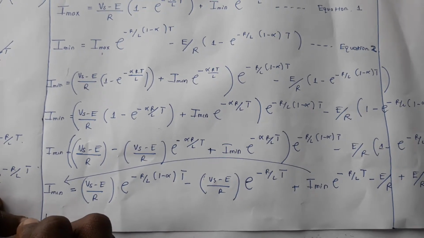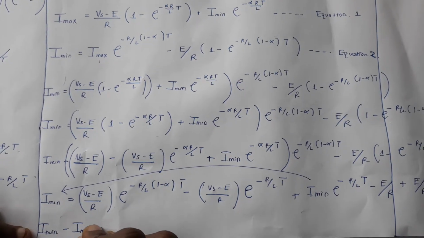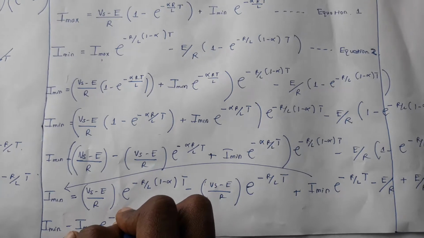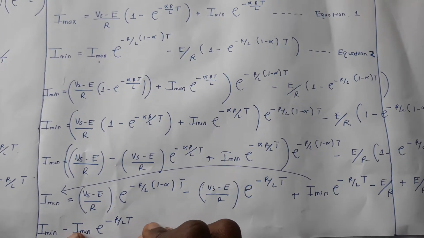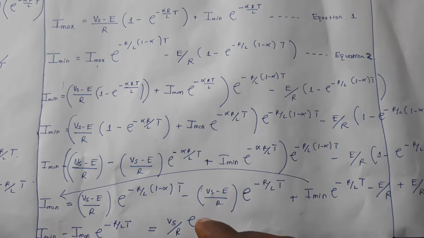This yields Imin minus Imin exponential minus R over L T is equal to Vs over R exponential.